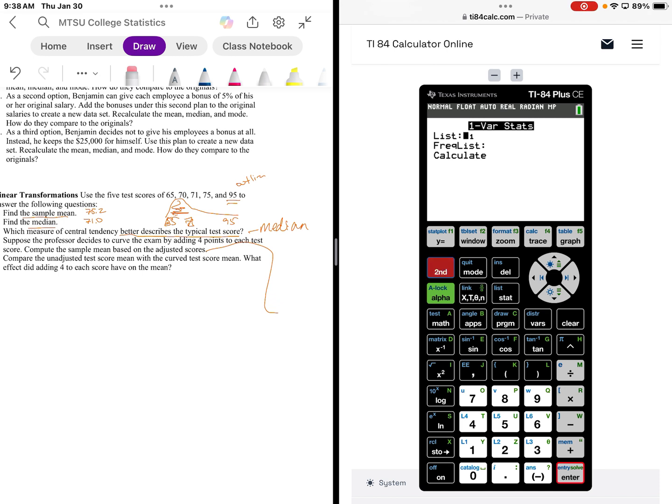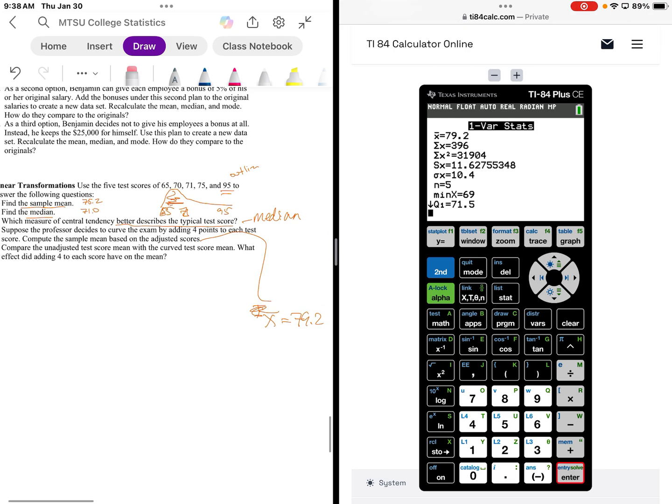So that means I do second 2, and that changes it to an L sub 2. Second 2, and then I go down to calculate, and I find out that the new mean is equal to 79.2. So what did it do?